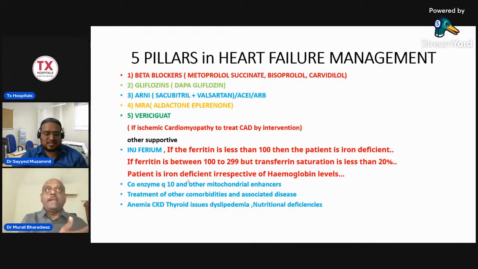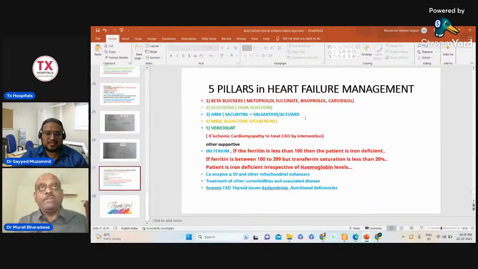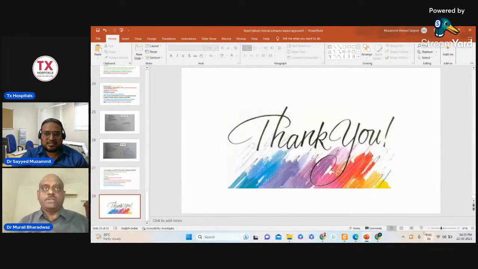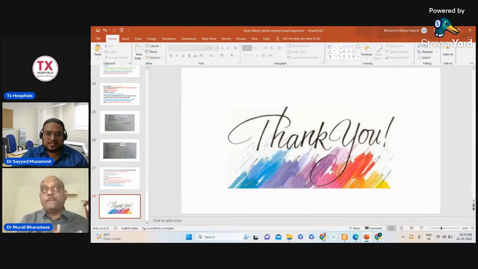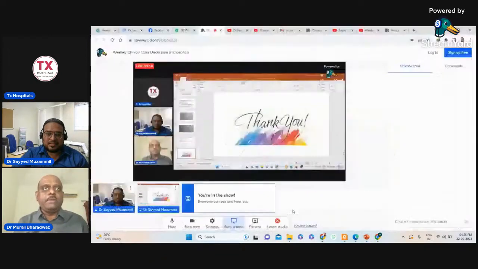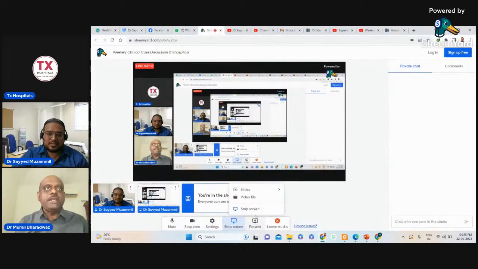But whenever thyrotoxicosis is happening between 25 to 40, that is the time we need to think about secondary thyrotoxicosis. Secondary thyrotoxicosis predominantly has cardiovascular involvement, whereas primary thyrotoxicosis predominantly has CNS involvement, which is a very important differentiator.